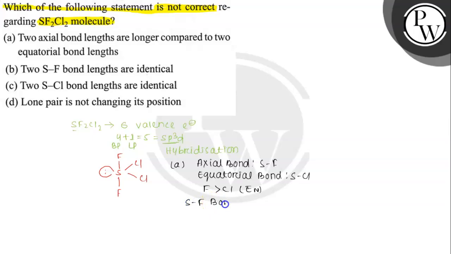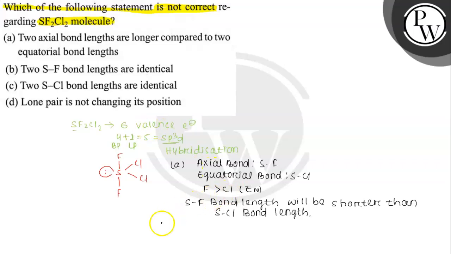So the S-F bond length will be shorter than the S-Cl bond length. But option A says the two axial bonds, that means S-F bond lengths, are longer compared to the two equatorial bond lengths, that means S-Cl bonds. So option A is incorrect.